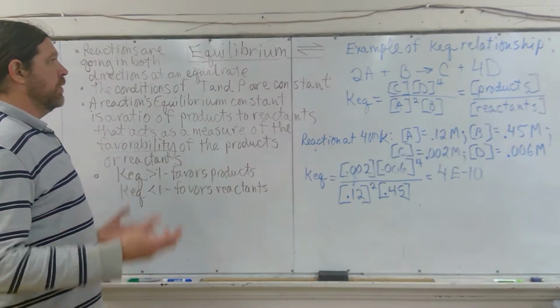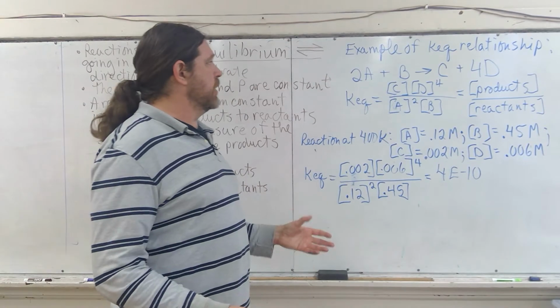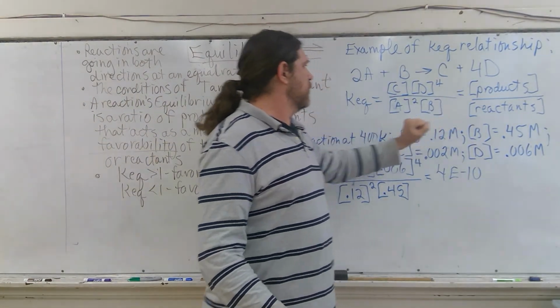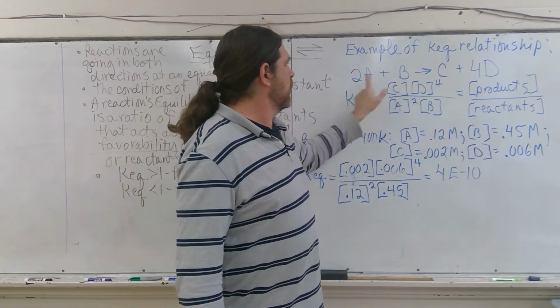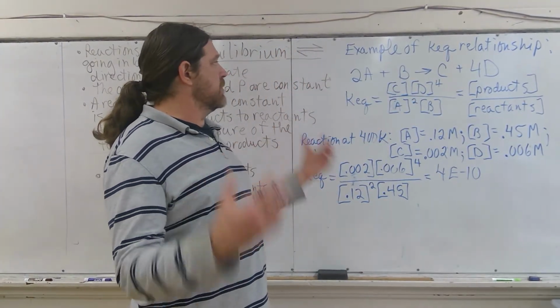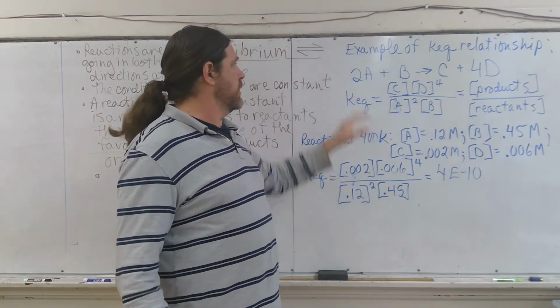So the way that the KEQ is derived is that we take a reaction and we basically make a fraction of products over reactants with the molar concentrations of each substance involved in the reaction powered by their coefficients.